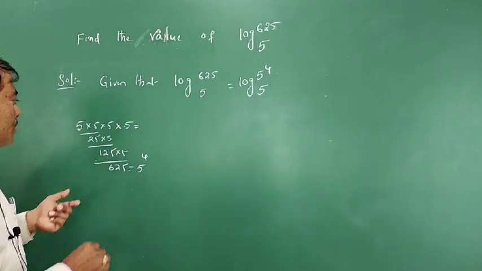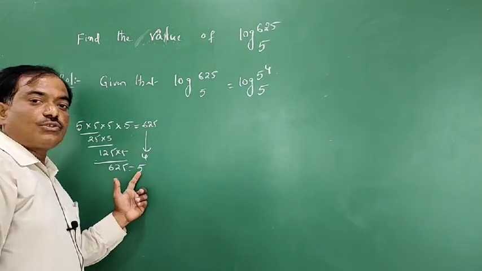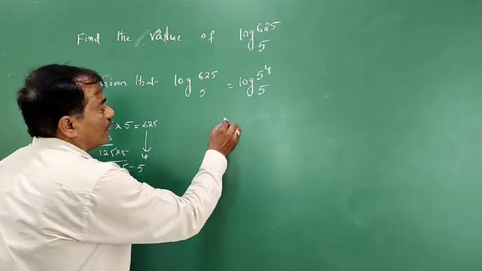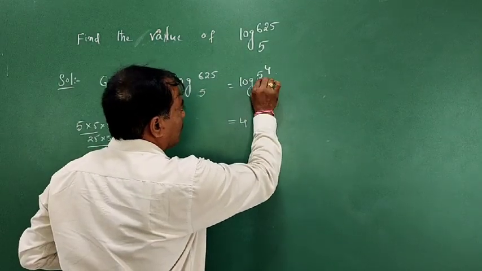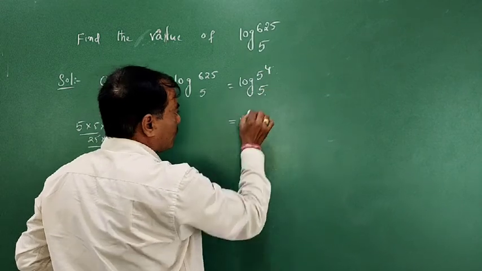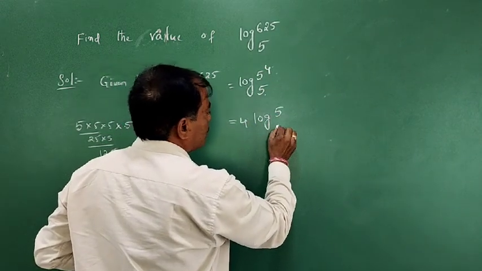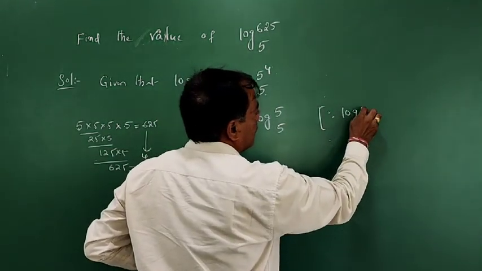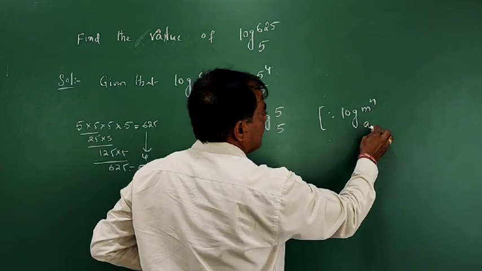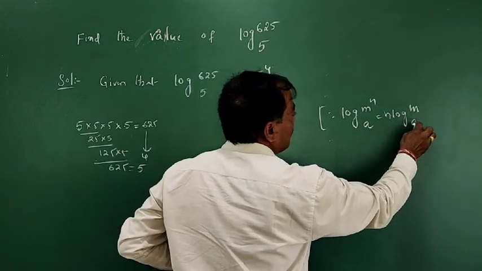Clear? This 625 can be written as 5 to the power of 4, and log 5 to the power of 4 to the base 5 equals 4 times log 5 to the base 5. Here we use log m to the power of n to the base a equal to n log m to the base a.